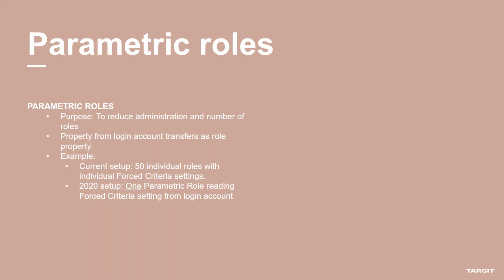It also means that you may need to set up roles where you add forced criteria so that one individual person can only see his or her own data. So if you have 50 departments, you'll have to set up 50 roles just for that purpose. But with these parametric roles, you'll be able to pick up the department information from the login, maybe from the Active Directory information, and then you can transfer that into your parametric role.